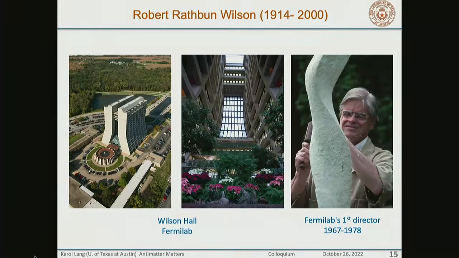This is the atrium inside. There are two wings with a beautiful view inside. This was designed by the first lab director who built the lab and designed the building. In fact, several buildings. That's Robert Rathbun Wilson.